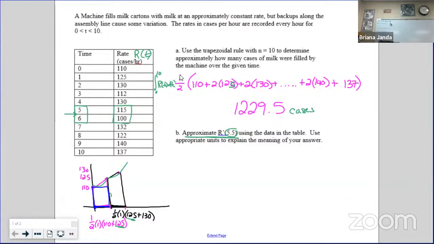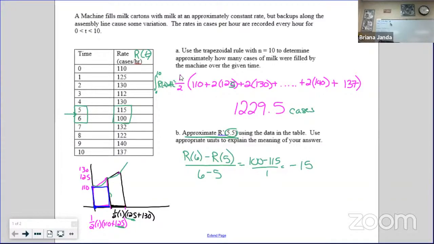So approximating the derivative at 5.5 would be R of 6 minus R of 5 over 6 minus 5. Questions so far? So those numbers are 100 minus 115 over 1, which would be negative 15.